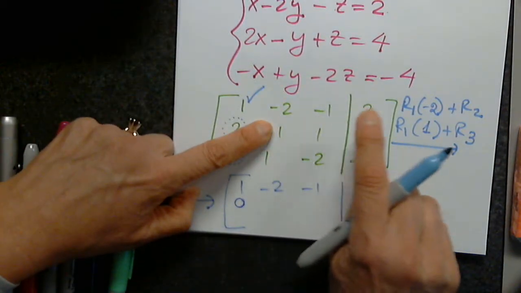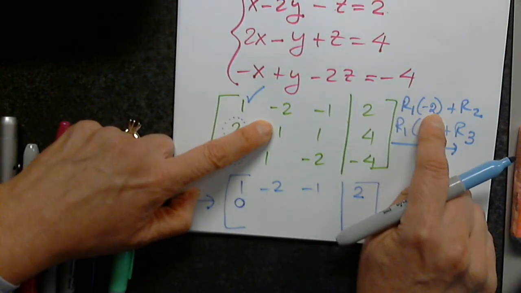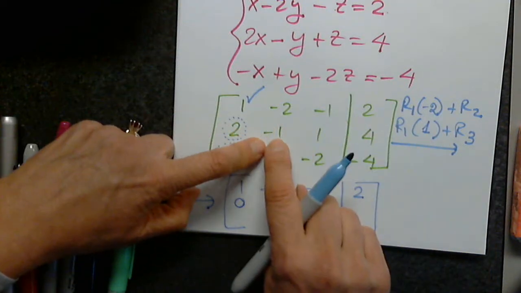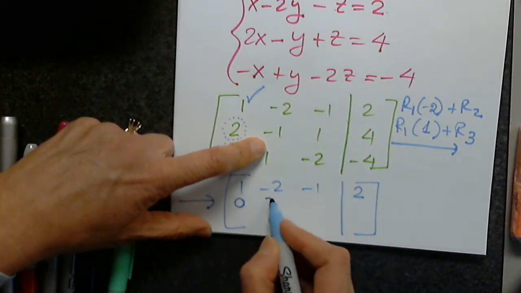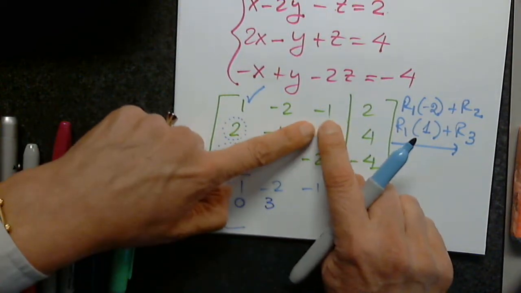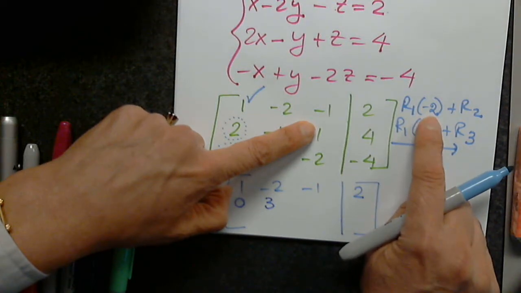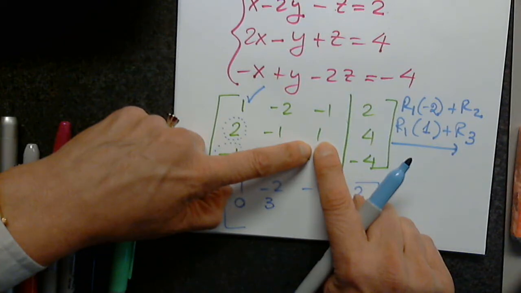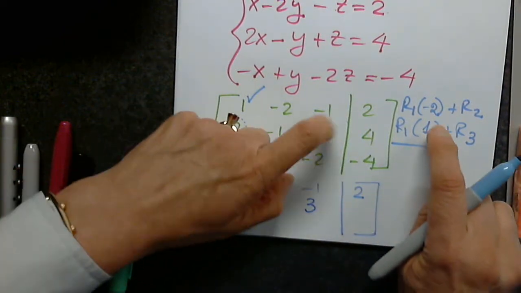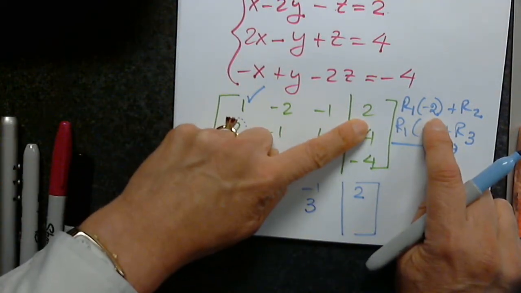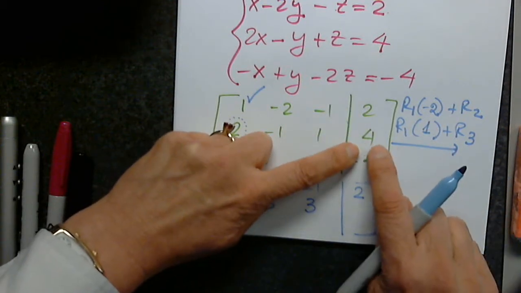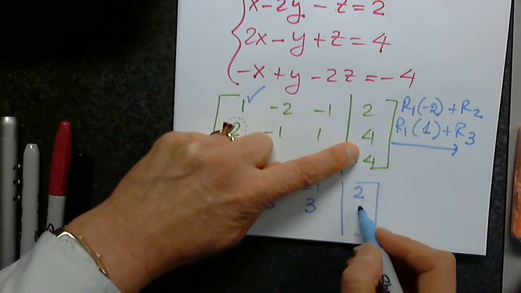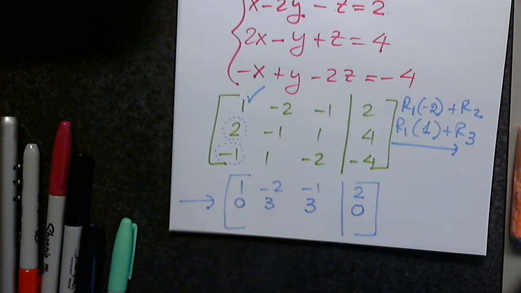Negative 2 times negative 2 minus 1. Negative 1 times negative 2 plus 1. 2 times negative 2, negative 4 plus 4. 0. Very good.